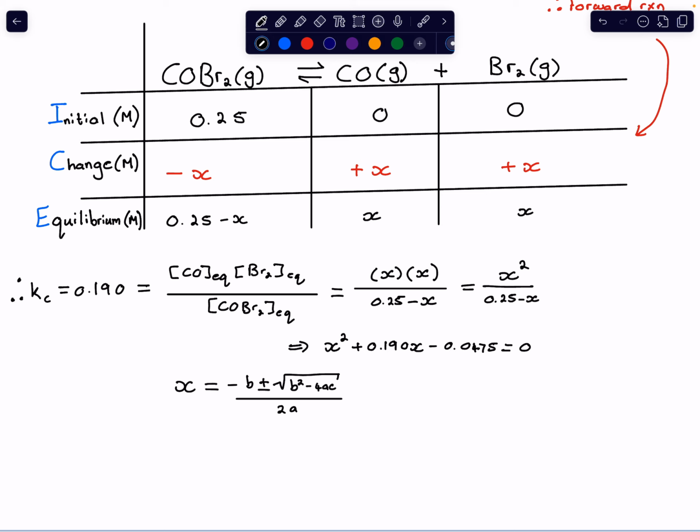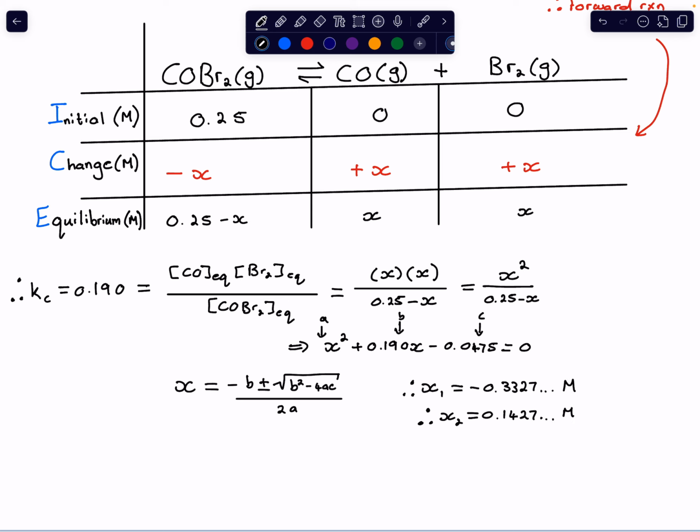So of course A, B and C, and the values that I got here for X, X1 is equal to minus 0.3327 and X2 was 0.1427.